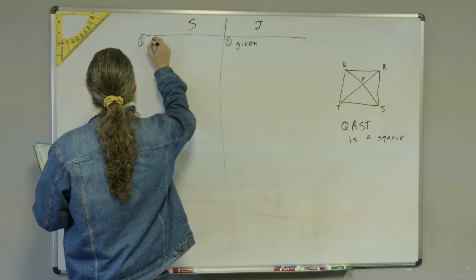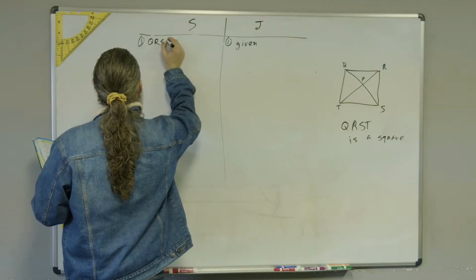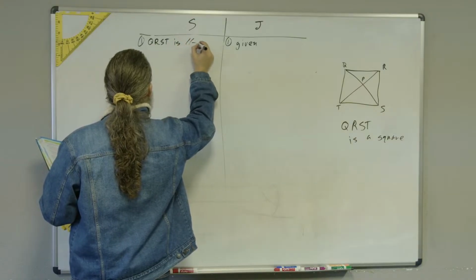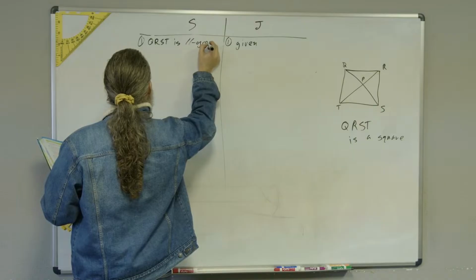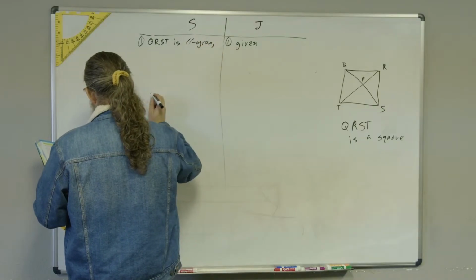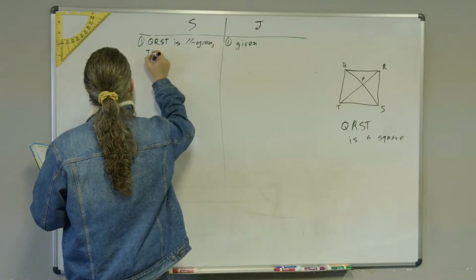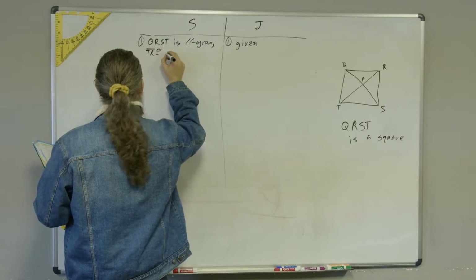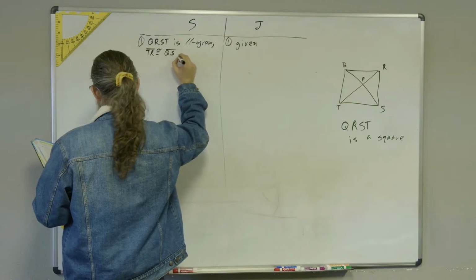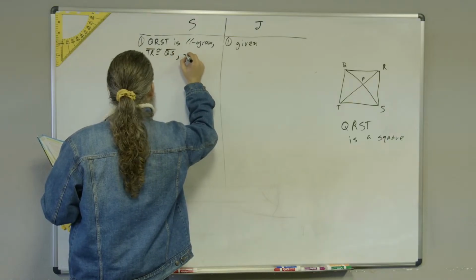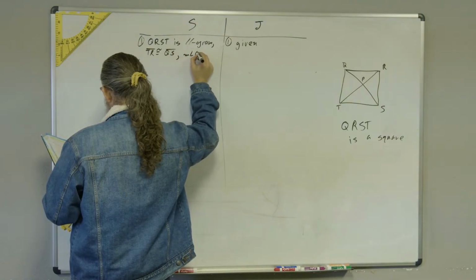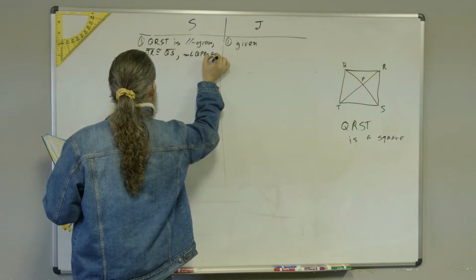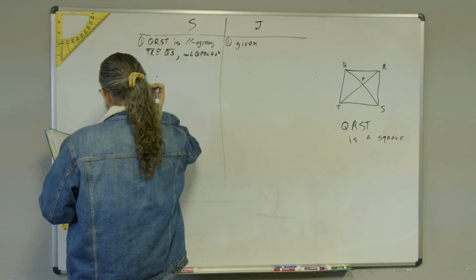We are told that QRST is a parallelogram. We are told that TR is congruent to QS, and the measure of angle QPR is 90 degrees.